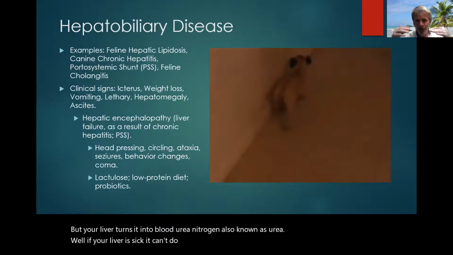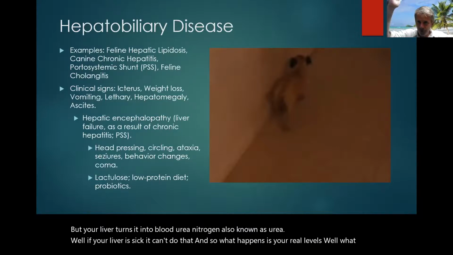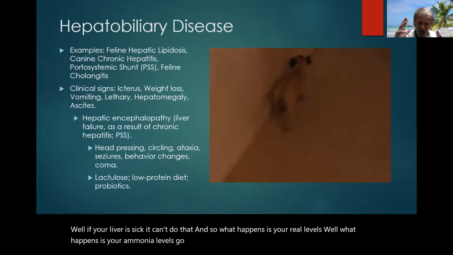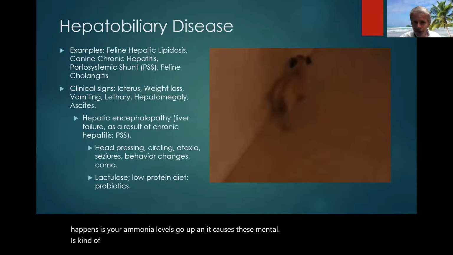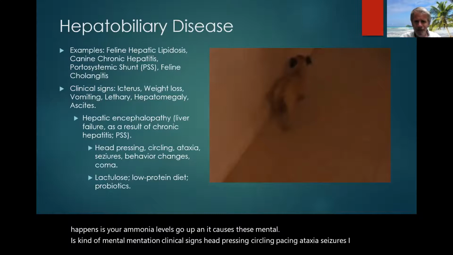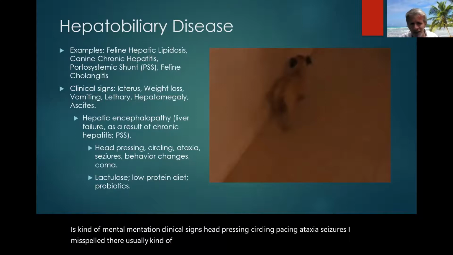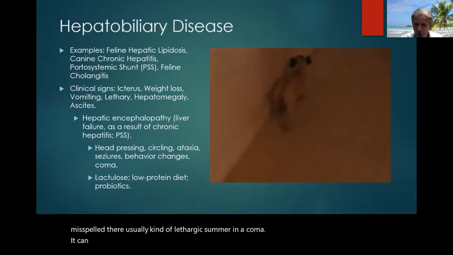And so what happens is your ammonia levels go up, and it causes these mentation clinical signs: head pressing, circling, pacing, ataxia, seizures. They're usually kind of lethargic. Some are in a coma. It can be treated if it's not too severe.